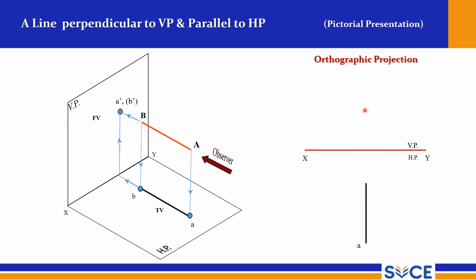And above HP is the distance where you can see a point, and from here draw the projector and mark the points and notate them A dash and B dash. B dash should be within bracket. So this is the line when it is perpendicular to VP.